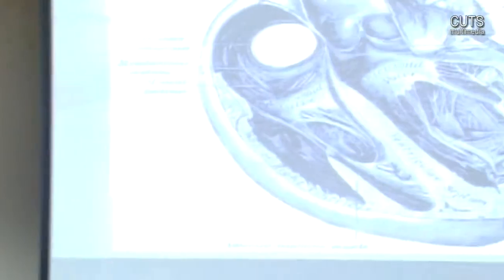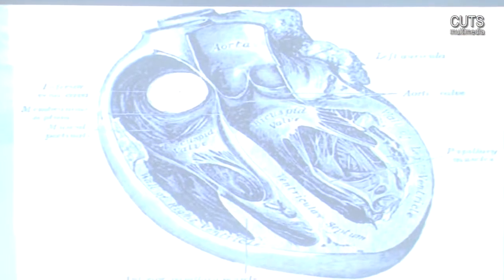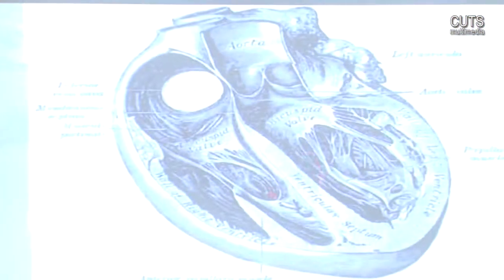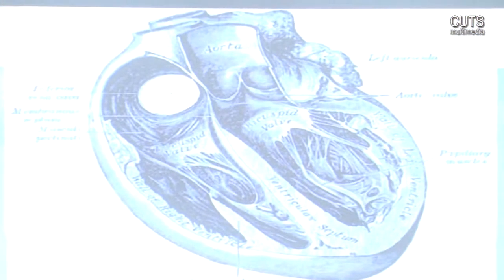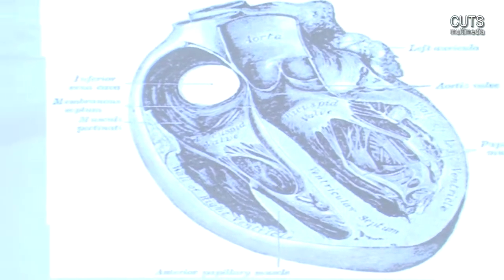A hole between the two ventricles. We call that a ventricular septal defect, VSD. Hole between the two ventricles, right here. And Yeshi Dhonden was able to diagnose that only by doing the pulse and looking at the person.